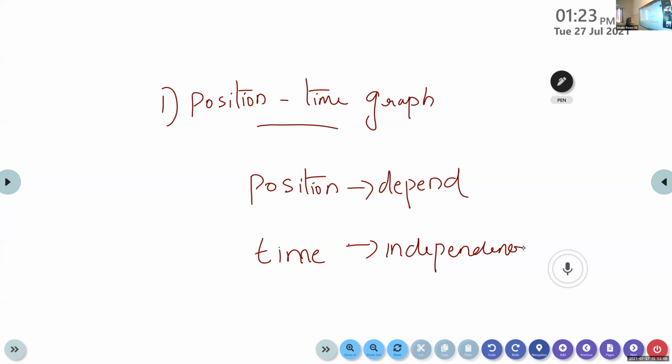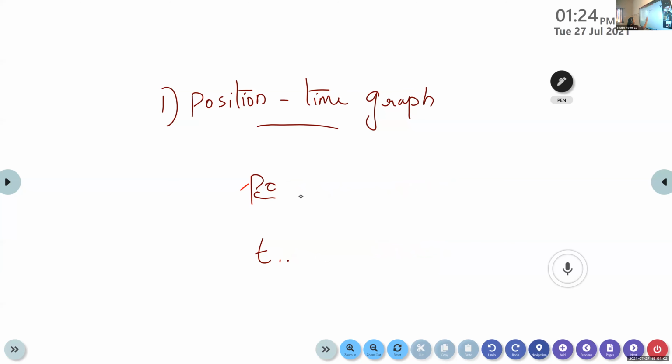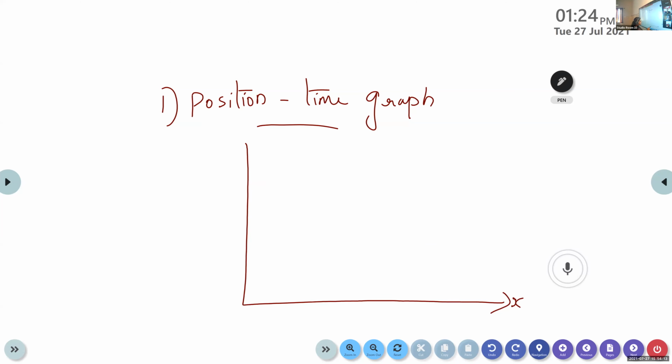You must keep in mind that when you draw the position time graph, the time is always taken along the x-axis. When we are drawing a graph, it must consist of two axes. One is the x-axis and the other is the y-axis. And here we have an origin.